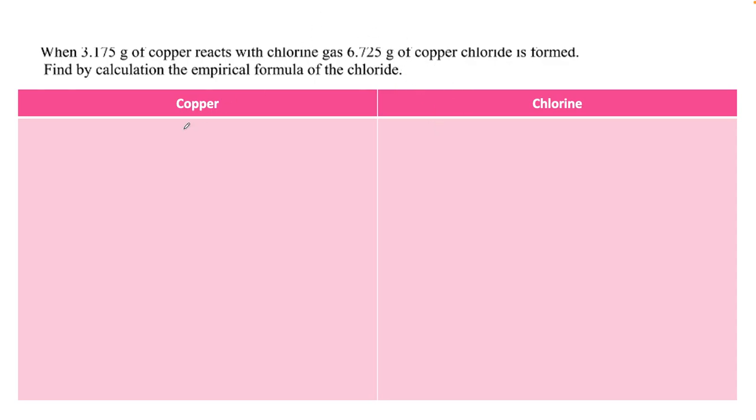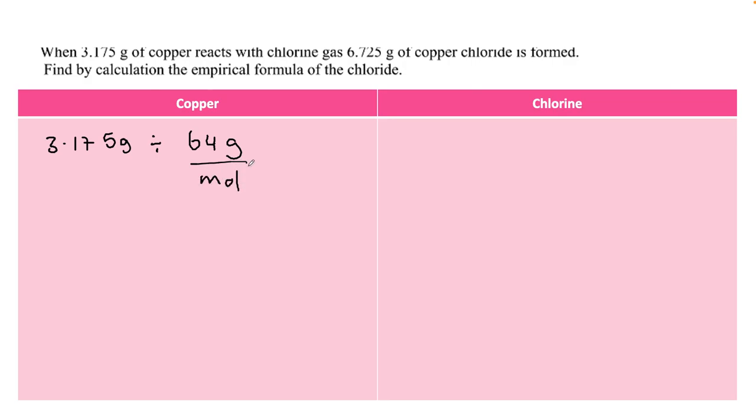So the first thing I'm going to do, like 99% of your chemistry questions really, is when you get grams, convert them into moles. So let's convert 3.175 grams into moles. Remember, we've done enough of them now at this stage to know you divide by the molar mass. So the molar mass of copper we got earlier on is 64 grams per mole.